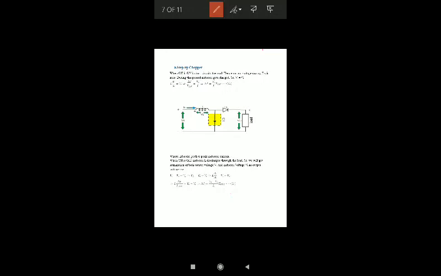Good afternoon. In the previous lecture, we studied the basic concept of a chopper, how a chopper converts a DC voltage from one level to different levels of DC voltage. As I told you, the transformer is used in the AC system for conversion of voltage levels from one level to different levels.